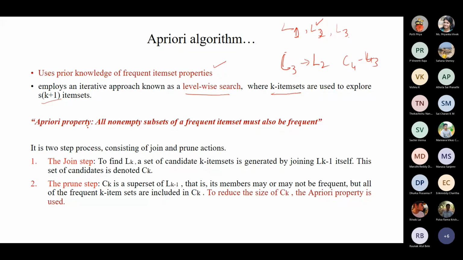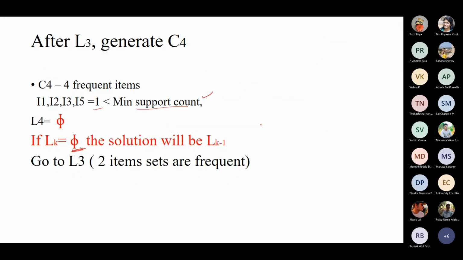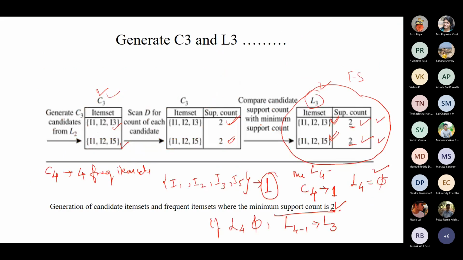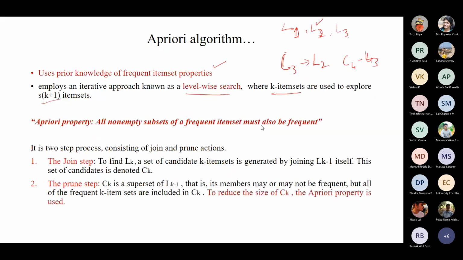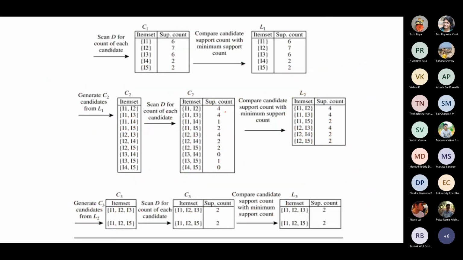Next, the Apriori property: all non-empty subsets of a frequent item set must also be frequent. What does it mean?